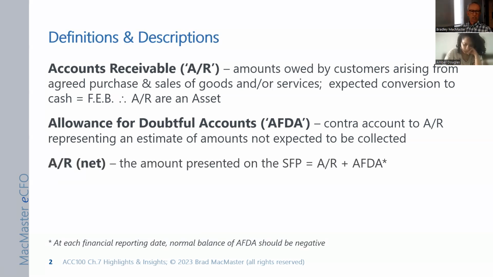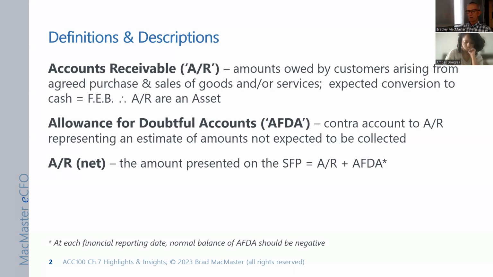Now, accounts receivable net is the way I express the difference when I'm preparing a balance sheet for clients or if I work for a company. And so accounts receivable net is not the legal amount or the sum of the legal amounts that everybody owes us.